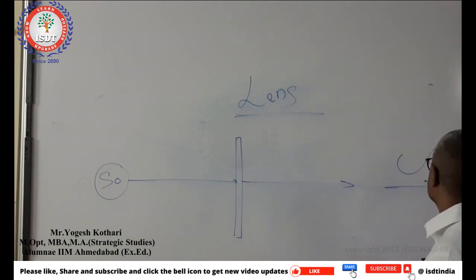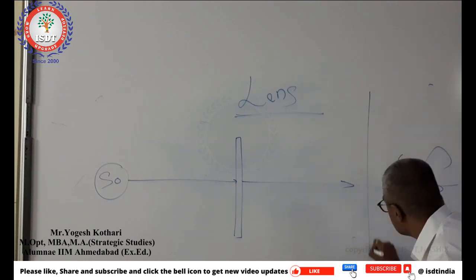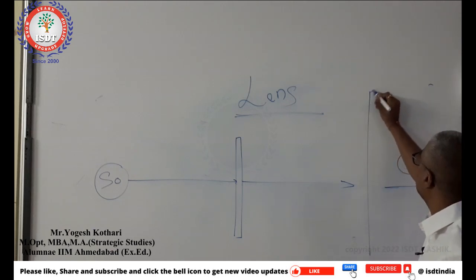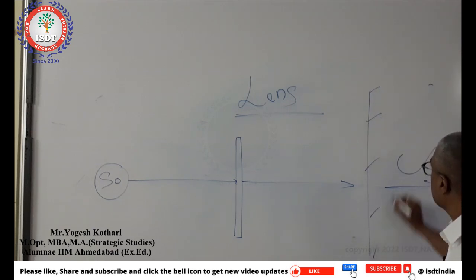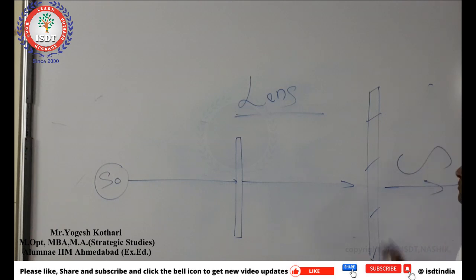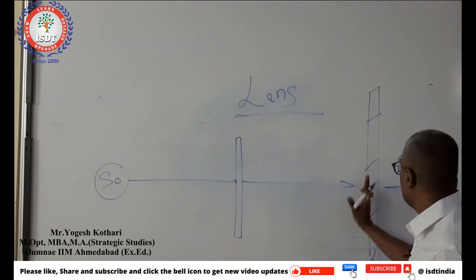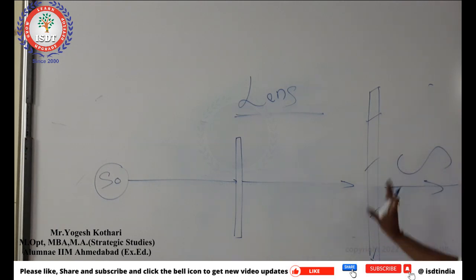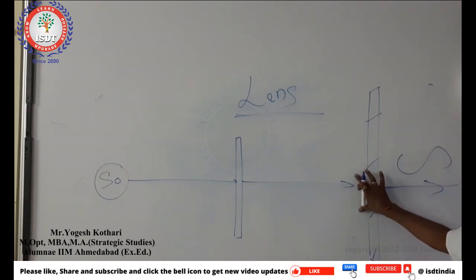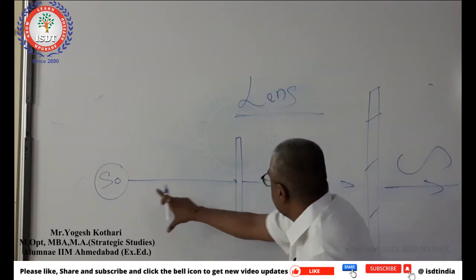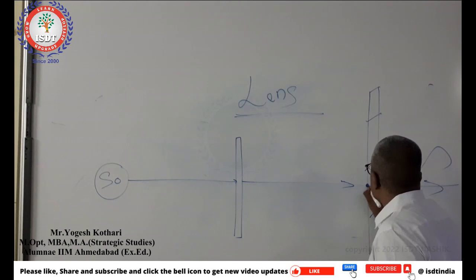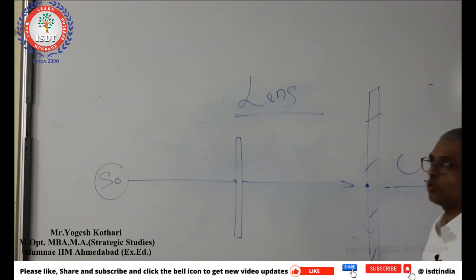in a real life application. As we have said, this is going to infinity. Now I put one screen here. This is a screen, not a mirror. This is not a transparent screen. Now light hits here and it creates an image of the source, right?